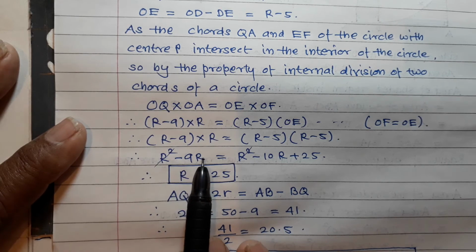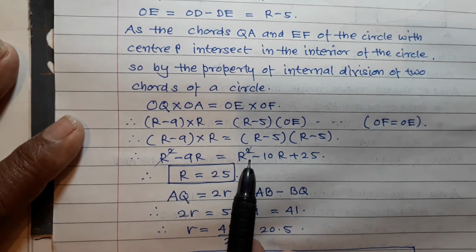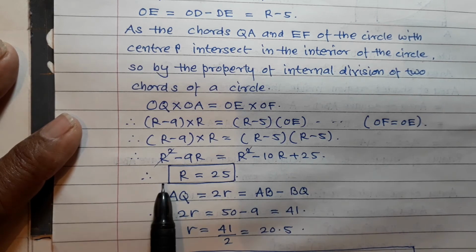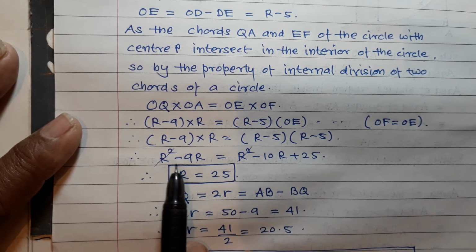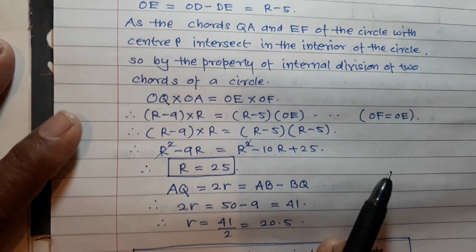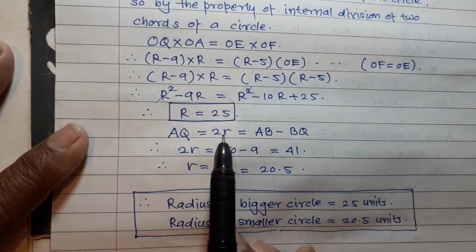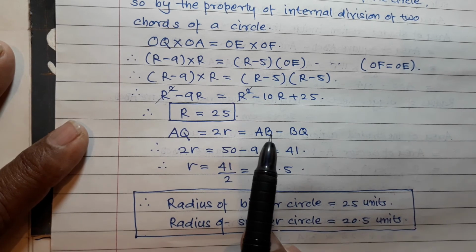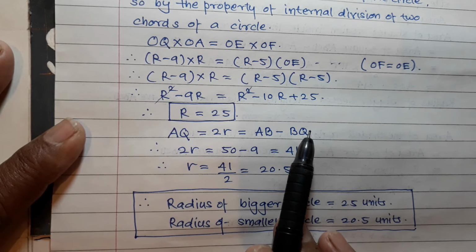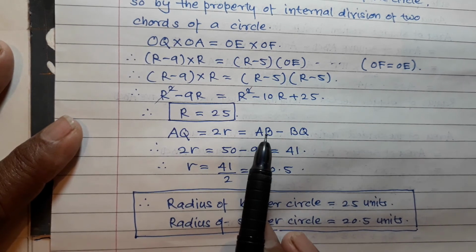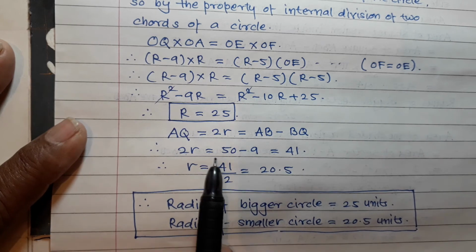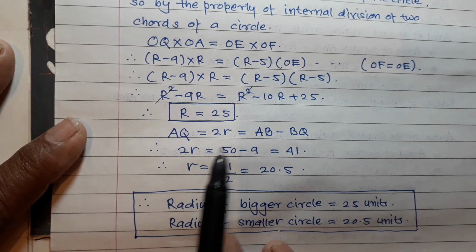So R square minus 9R is equal to R square minus 10R plus 25, and if you simplify this you will get R is equal to 25. Now AQ is equal to 2r, AQ is equal to AB minus BQ, which is AB minus 9, and AB is equal to 50, that is the diameter of the larger circle.